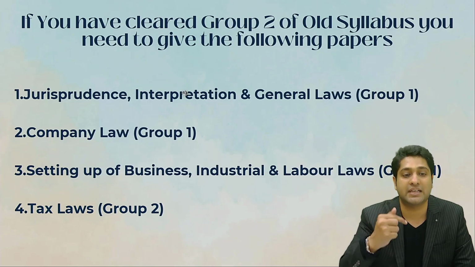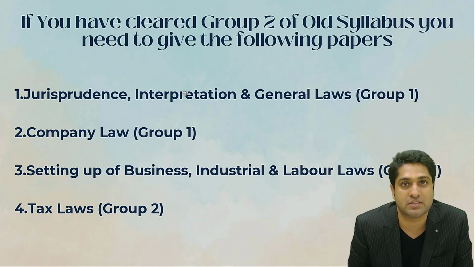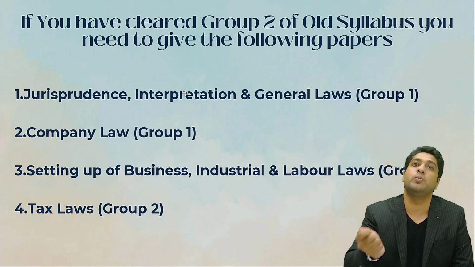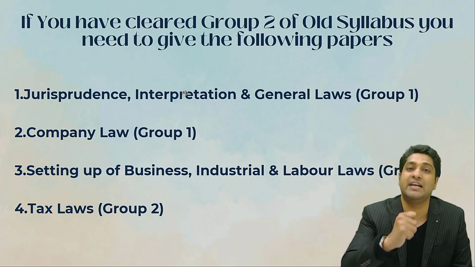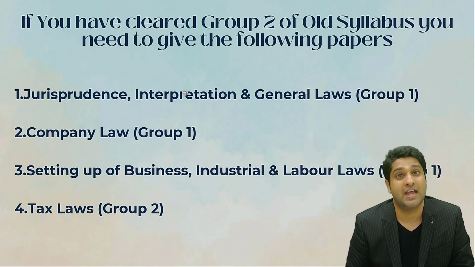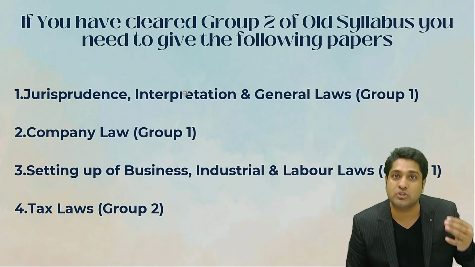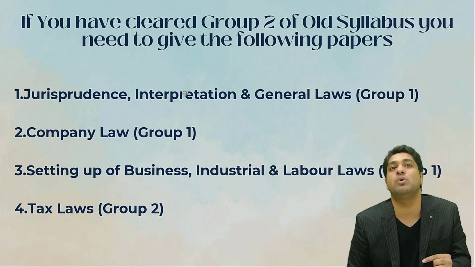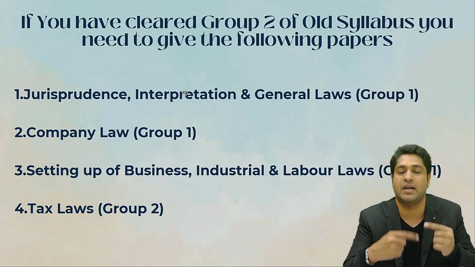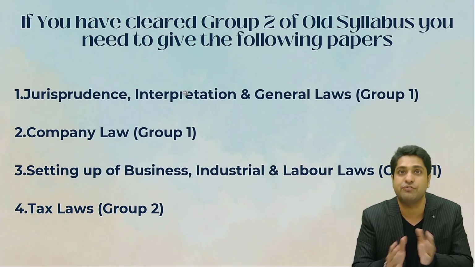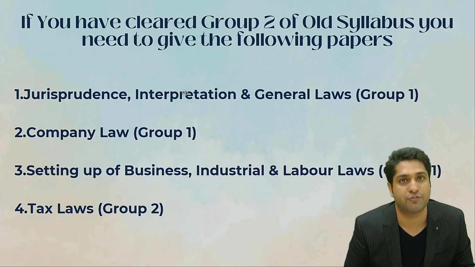But for the next subject, which is tax laws, it is in group 2, so you have to get an independent 50 marks. It is not that 4 papers you will give together and you will expect 200 and expect to clear if you're getting 40. So individual 50 will be there because it's in a different group.